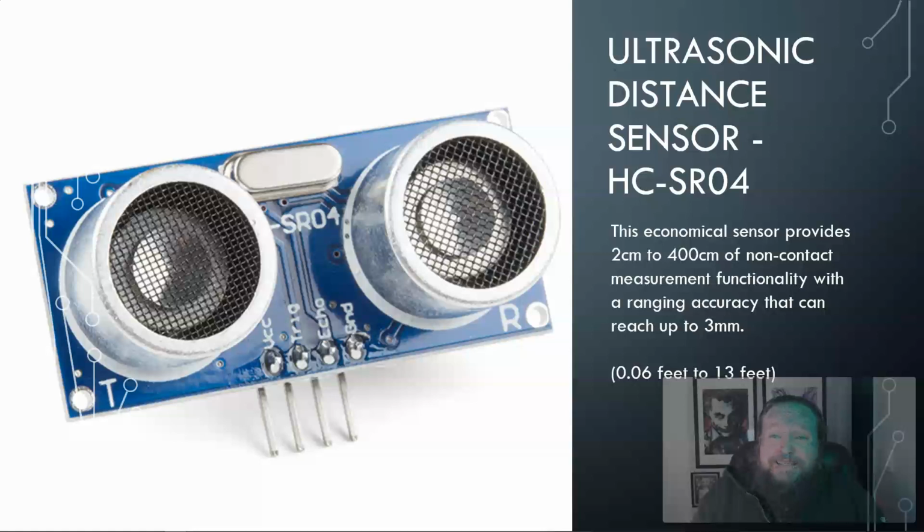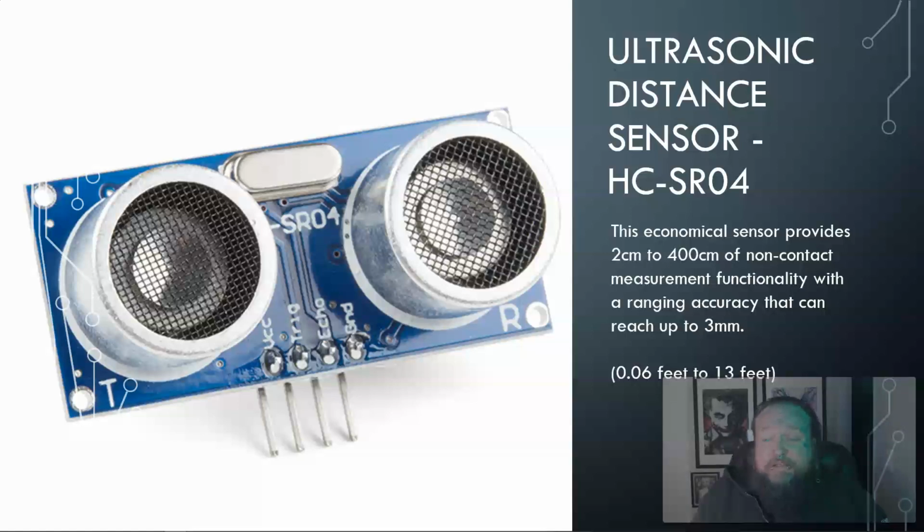One emits a sound at a higher frequency than we can hear, and the other is waiting for that sound to bounce back. Based upon the speed of sound, you can roughly calculate the distance from the time it took for the sound wave to be received.